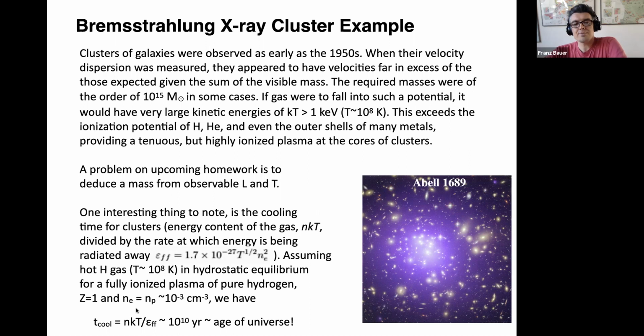And so the cooling time is just this energy divided by the luminosity, which is related to this emissivity. And so this ratio will give you a cooling time that's roughly about 10 to the 10 years, which is close to the age of the universe, just under it.